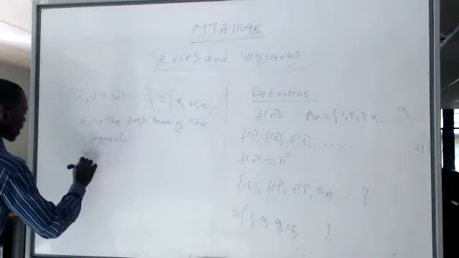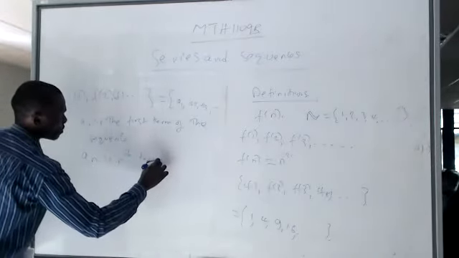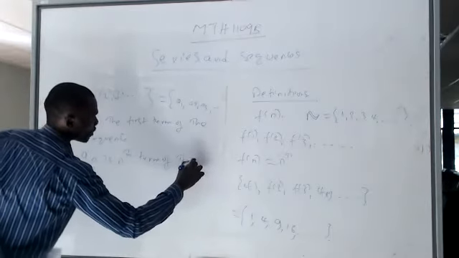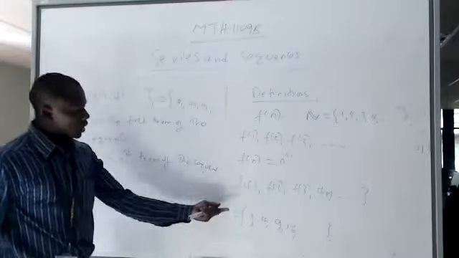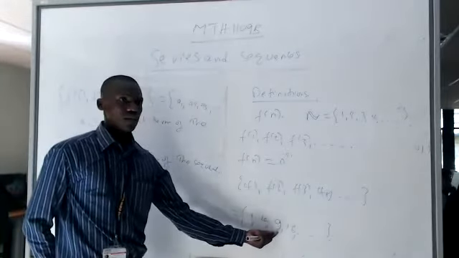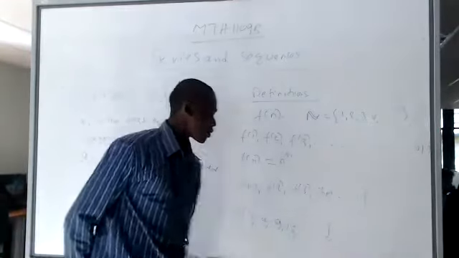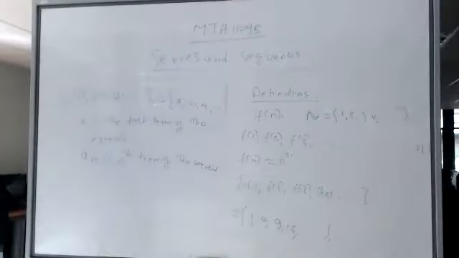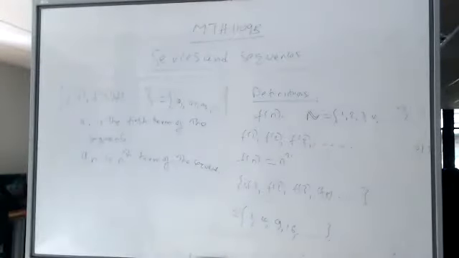So that means AN is the nth term of the sequence. So going back to this example, 1 is the first term, 4 is the second term, 9 is the third term, 16 is the fourth term, and so on. It's just the order of how the elements appear in your list.